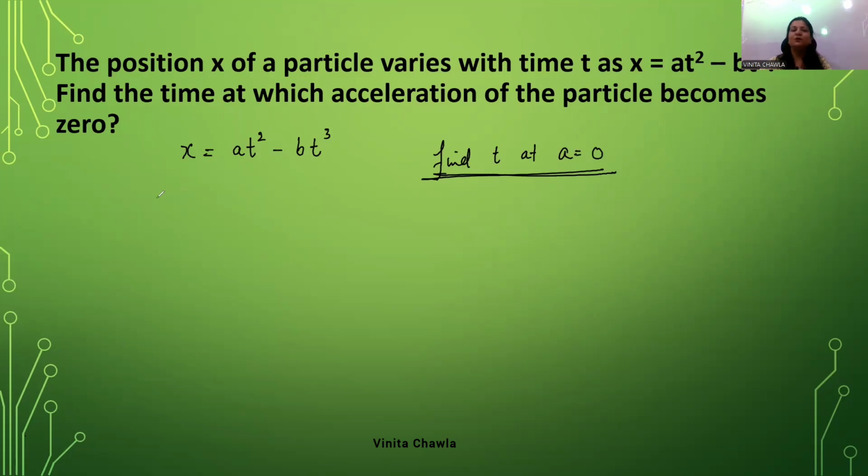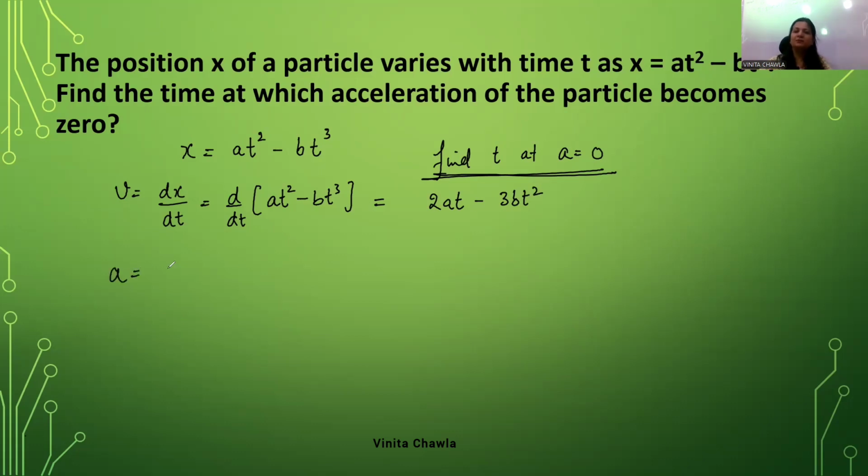Okay. So let's find velocity first. Velocity is dx by dt. So it's d by dt of a t square minus b t cube. On differentiating we get 2at minus 3bt square.